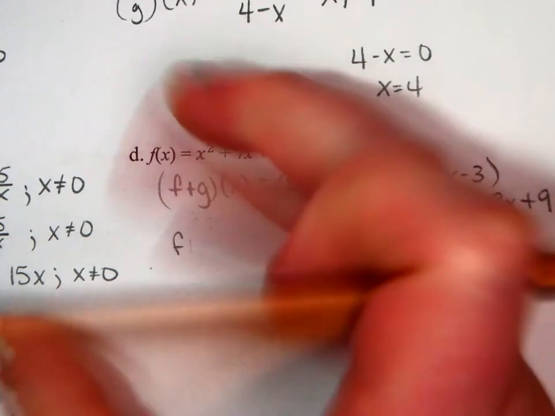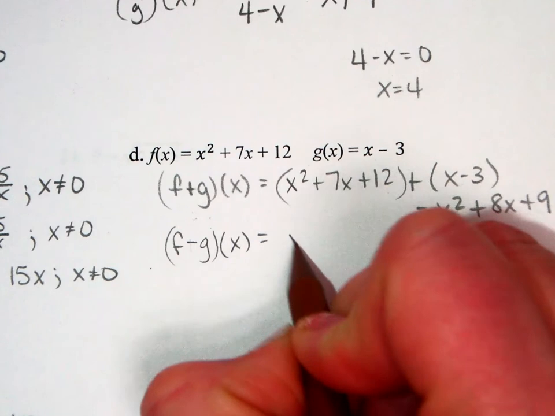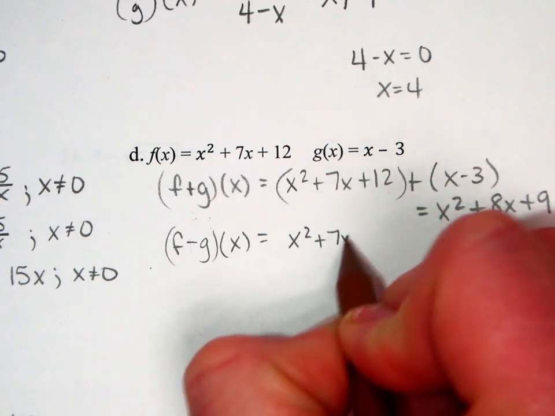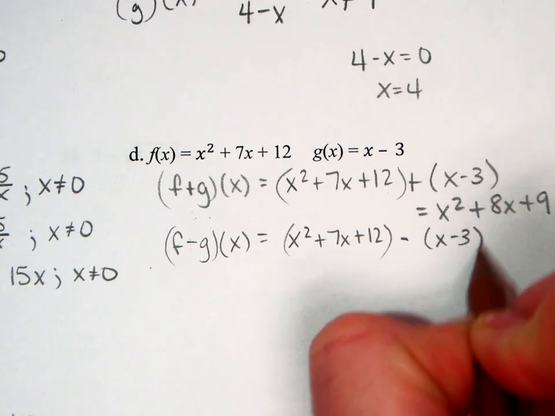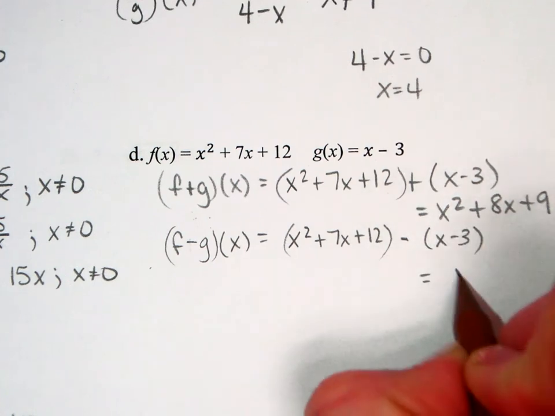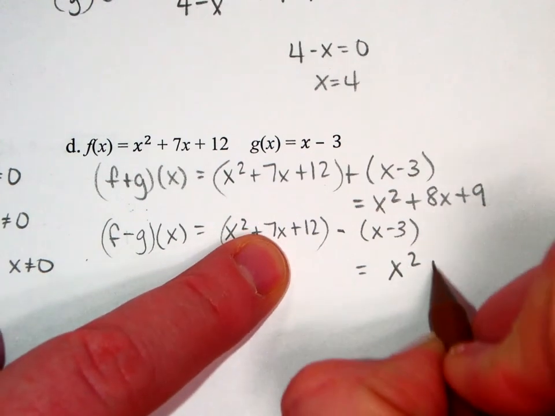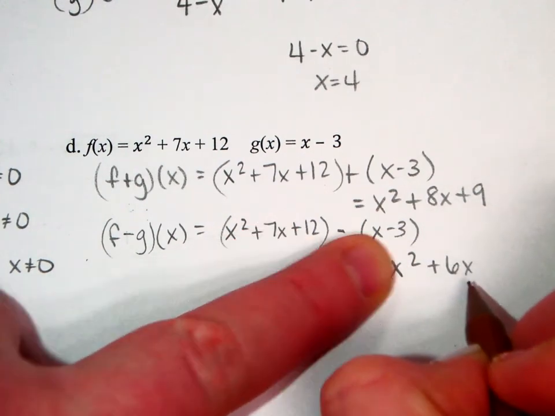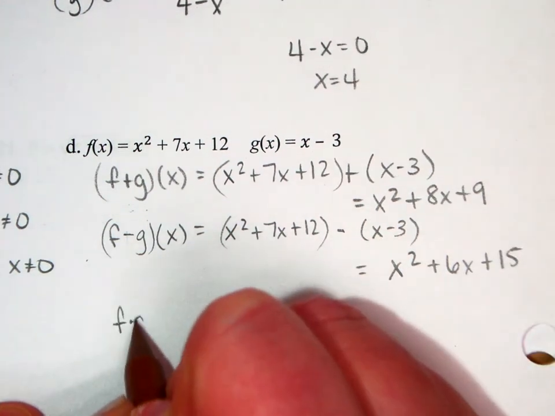F minus g of x equals x squared plus 7x plus 12 minus x minus 3. This equals x squared, 7x minus x is 6x. 12 minus a minus 3 becomes plus 15. Times them.